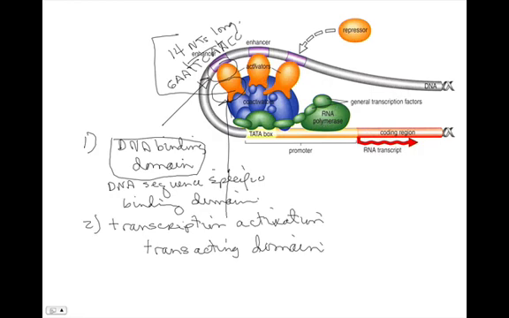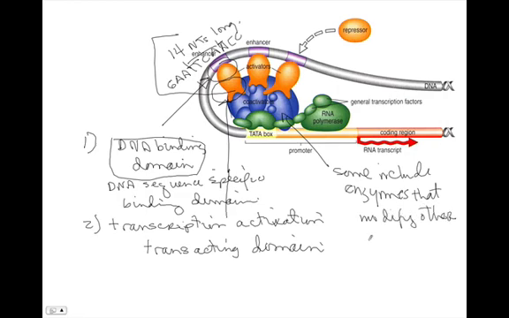So we've got this set of transcription factors that binds directly to the DNA, and then we have this other set that can be co-regulators. Some of these co-regulators include enzymes. Some co-regulators are enzymes that modify other proteins.